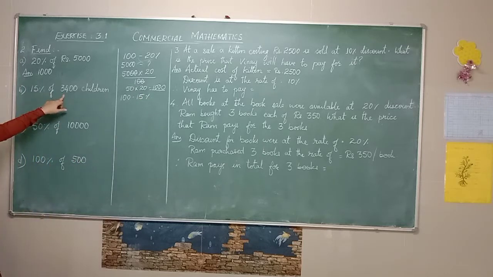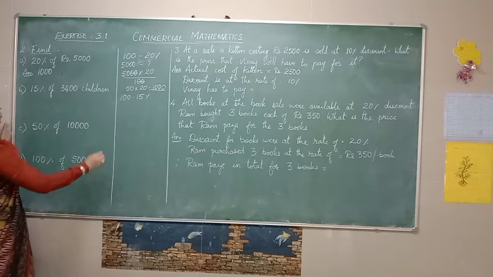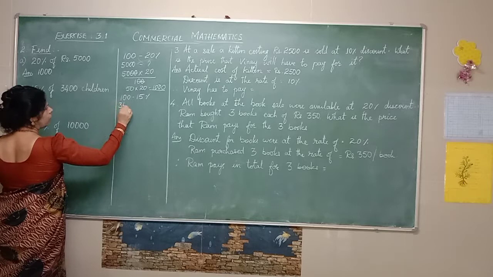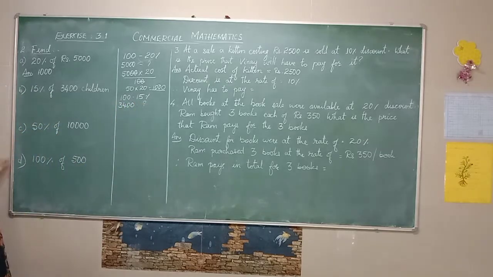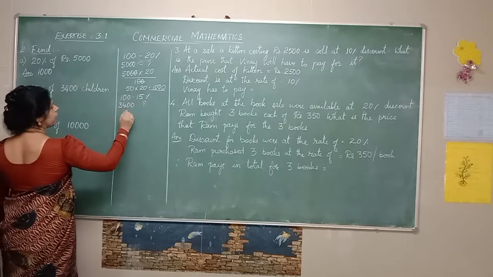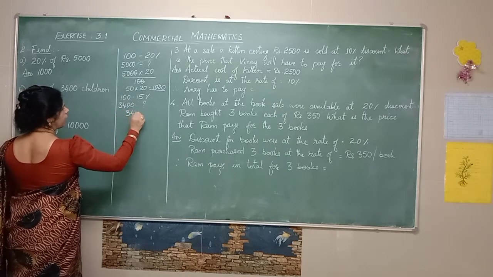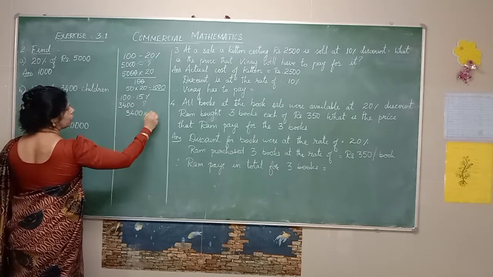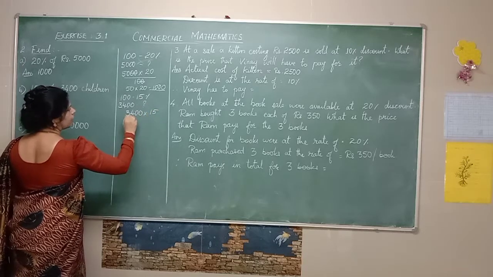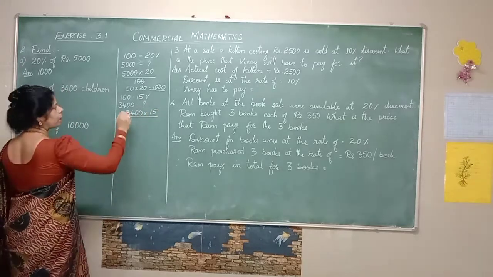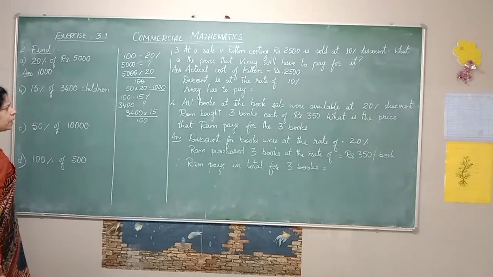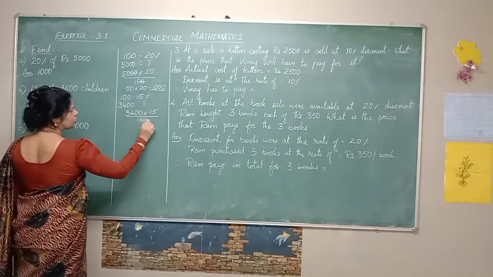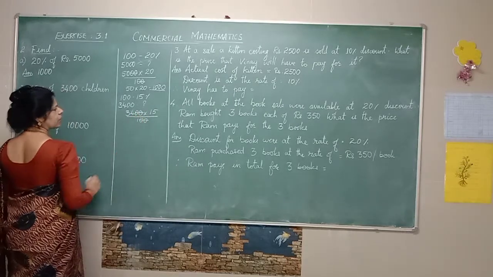Then for 3,400 students, how much? Again, what you have to do is 3,400 into 15 divided by 100. When you do this, you see these two zeros cancelled.